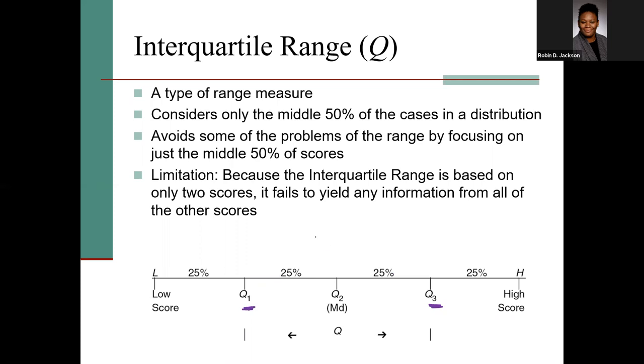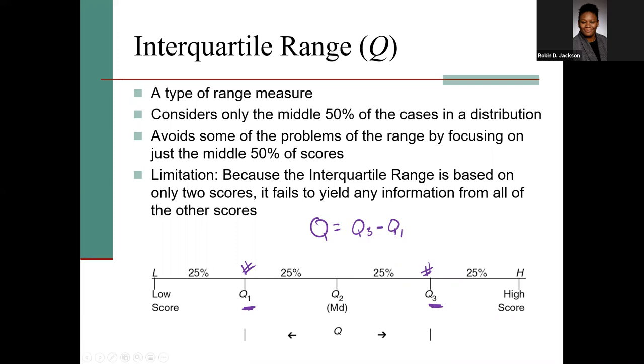So Q is equal to Q3 minus Q1. Whatever number is at each of those spots, we subtract Q1 from Q3 to get that interquartile range, okay?